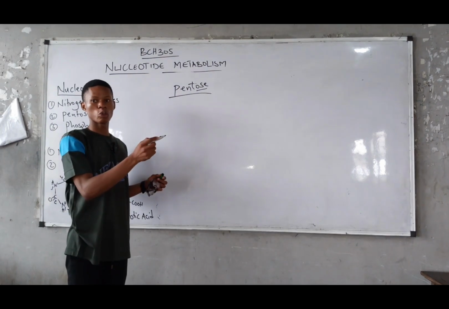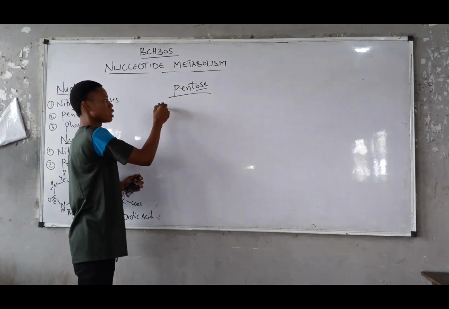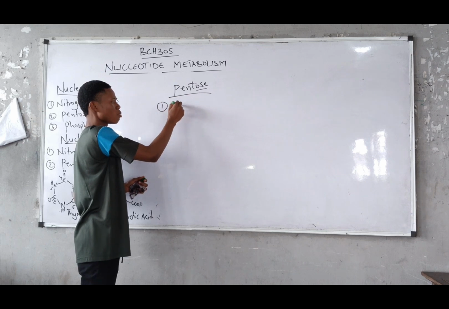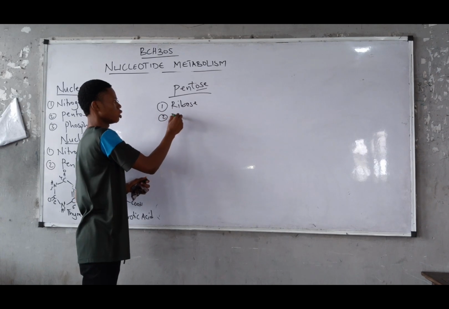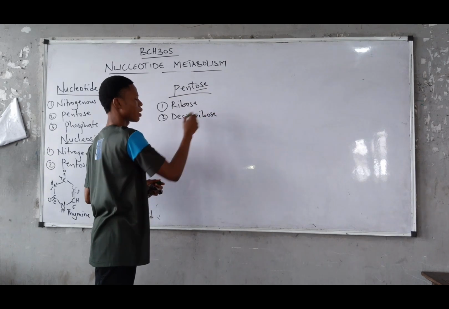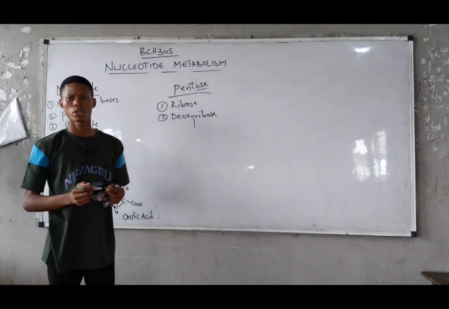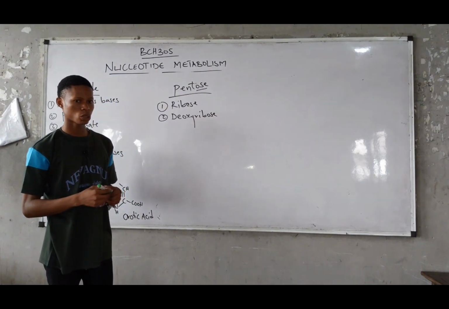Now, pentose means a sugar with how many carbons? 5-carbon sugars. Now, the sugars in nucleic acid can either be ribose or deoxyribose. Now, ribose is the one found in what?